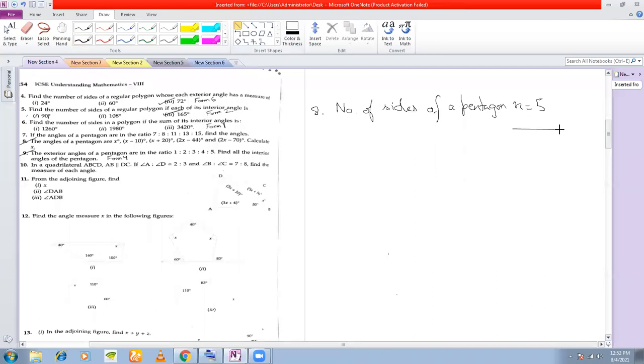Let's draw the pentagon to have a clearer picture, because a pentagon is easy to draw. Let's draw it this way so that it does not look like a 90 degree.